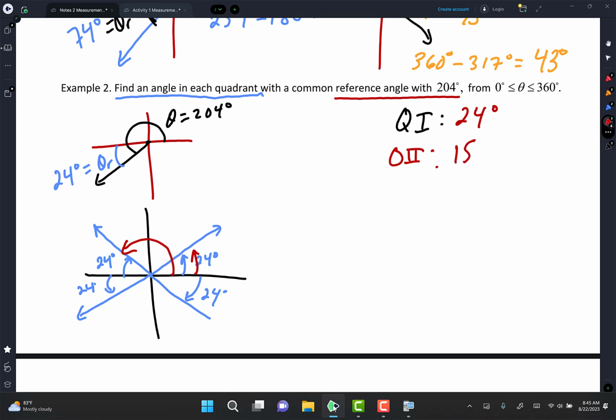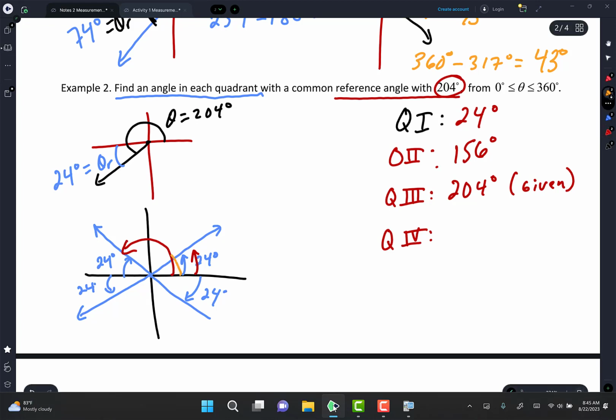So 156 degrees. Quadrant 3 was given. It was 204 degrees. Given. And quadrant 4. So I'm 24 degrees away from a whole revolution. So do 360 minus 24. 60, 50, 40, 336. 336 degrees.